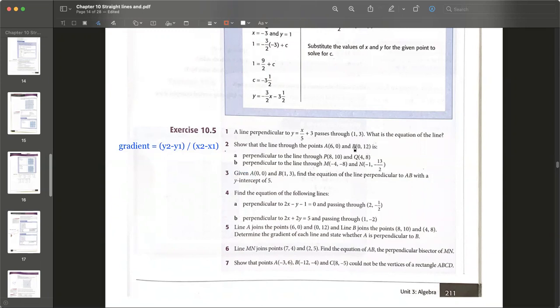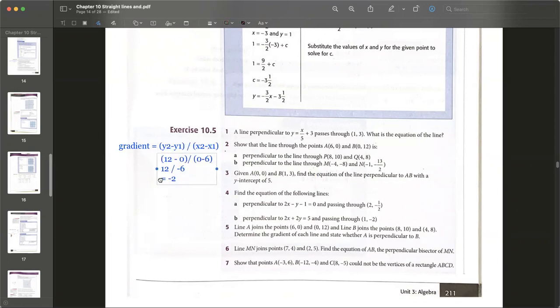So I'm going to use 12 minus 0 over 0 minus 6. I'll put it in brackets, that's easier to see. So when we do this, we find it's actually 12 over -6, so the gradient equals -2.